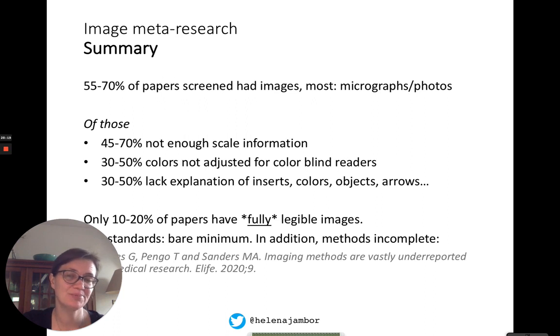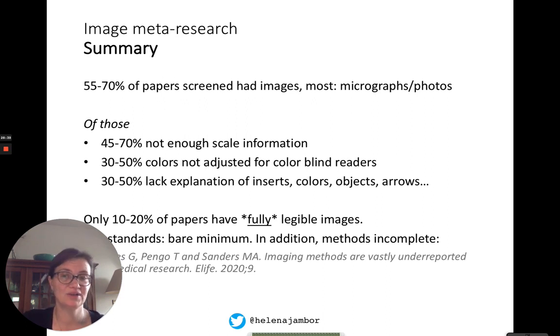And I want to point out that we were not very strict. So our standards are really the bare minimum of what needs to be done to have a legible image. They were not even addressing methods, and they were not even addressing really details.